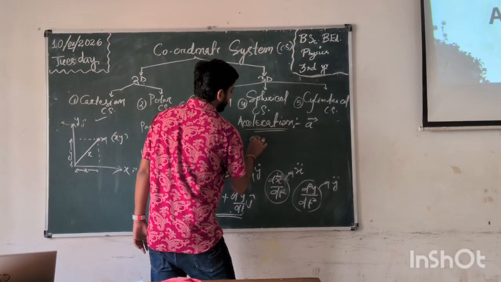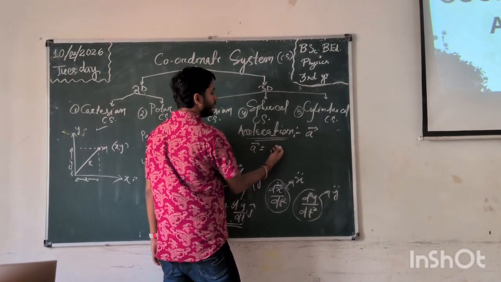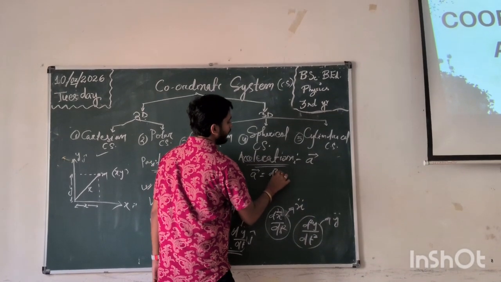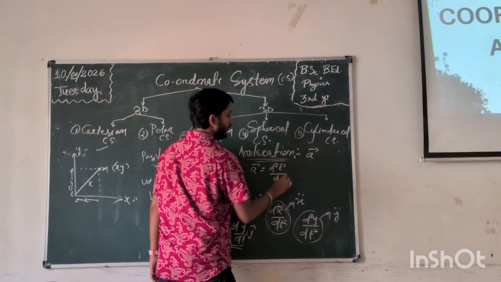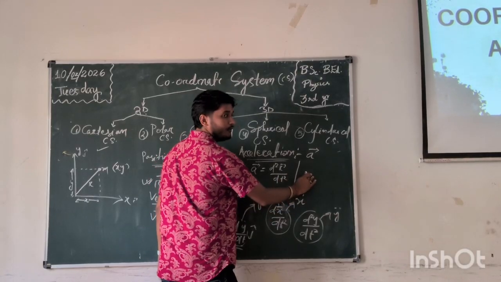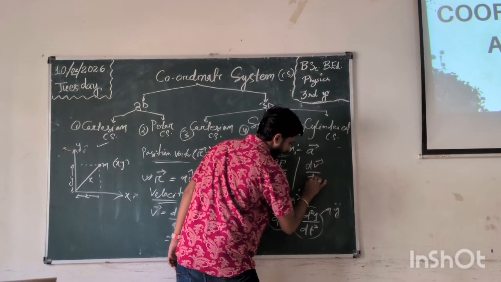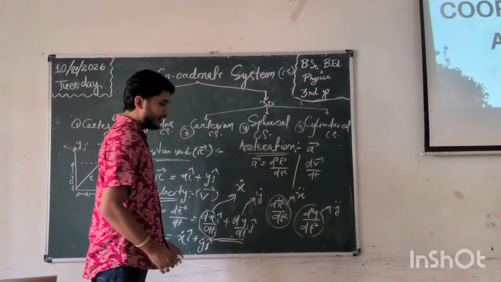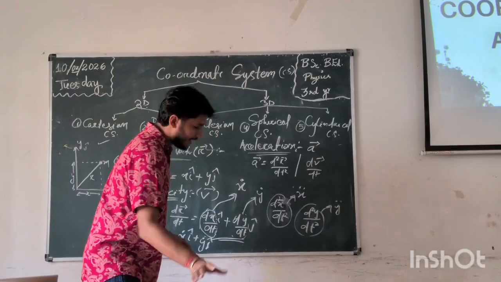In terms of position vector, we can write d square r vector by dt square, or we can write dv by dt. So either one we can use and get the answer. So what is our final expression for this acceleration?